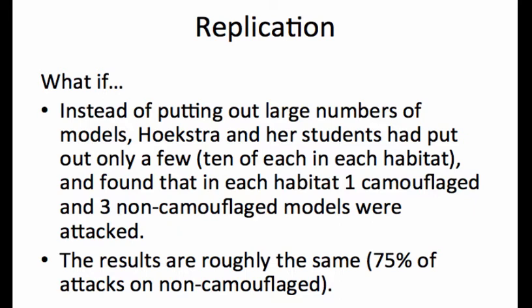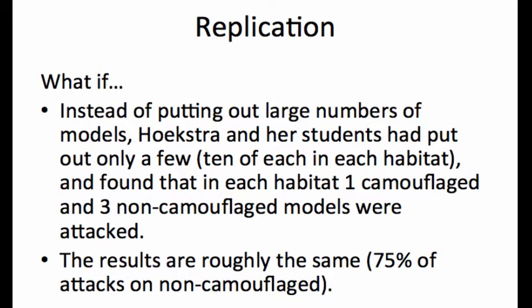In other words, without a much larger experiment, having 75% of the attacks occur on non-camouflaged mice would not be very convincing at all. Right? Now, if you flipped a coin 400 times and you saw tails resulting 300 times, that would be pretty weird.